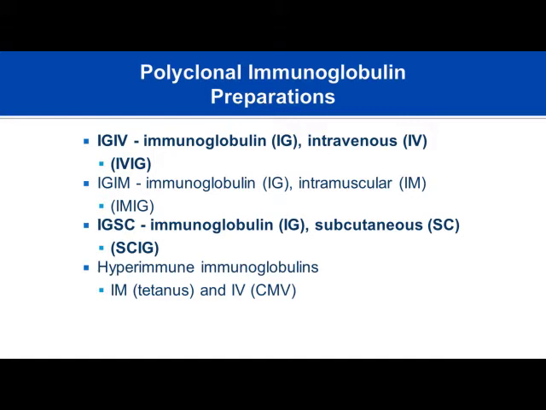A more recently available preparation in the United States is subcutaneous immunoglobulin, IgSC, or I'll also refer to it as SCIG. And then there are a variety of hyperimmune immunoglobulins, and those are immunoglobulins which have high guaranteed specificity against particular dangerous entities, such as tetanus or cytomegalovirus, and I won't mention those any further. What I will do is briefly review and put this up in addition for your information about the preparations that are available currently in the United States.